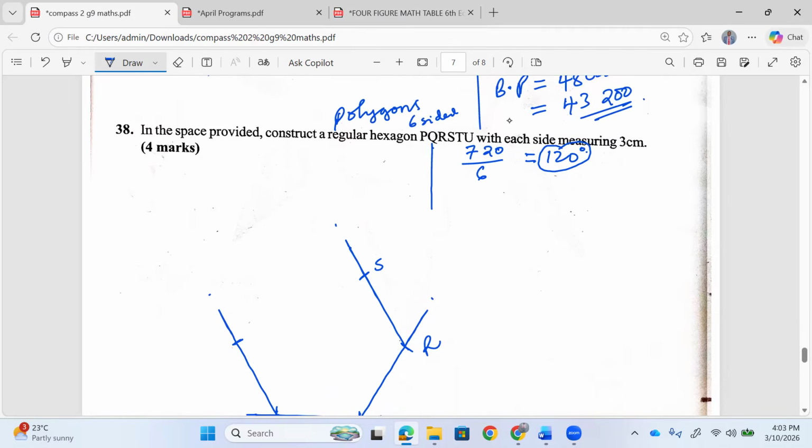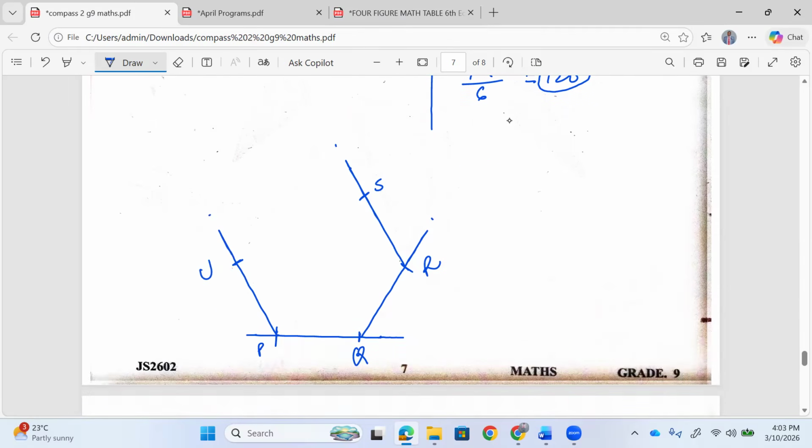The third becomes what? Letter U. So at point U, you can also measure 120. So let me produce 120 at that point.